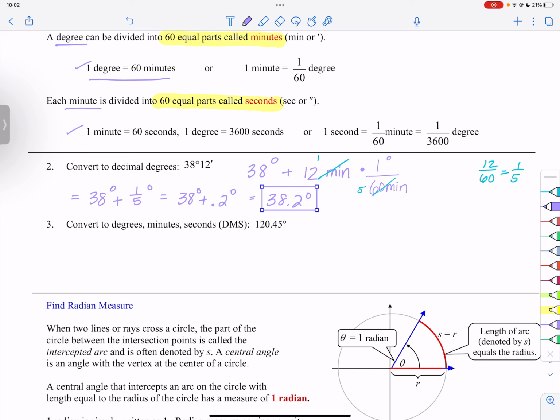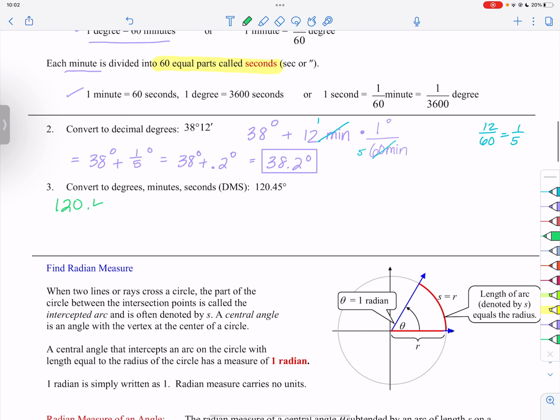Now let's go the other way. Let's convert to degrees, minutes, and seconds. And we will begin with 120.45 degrees.